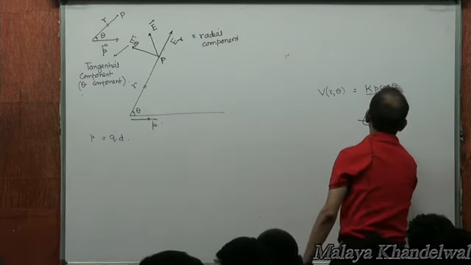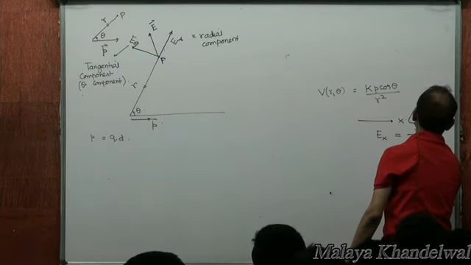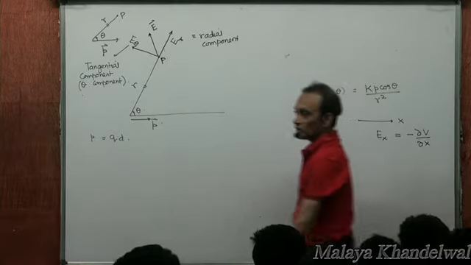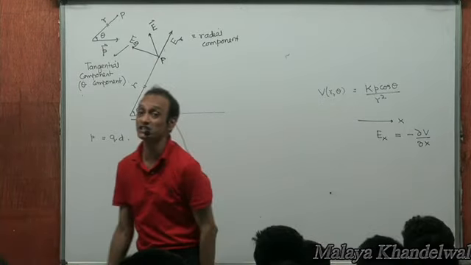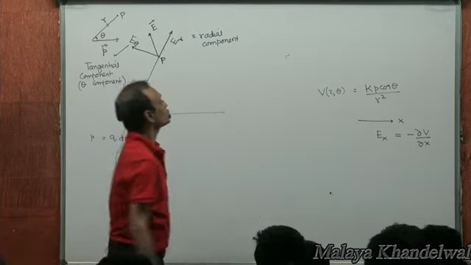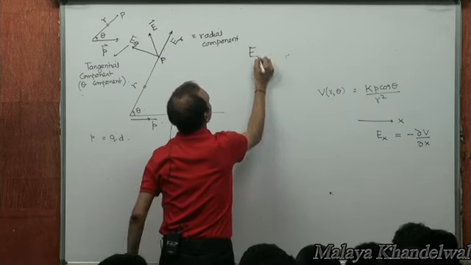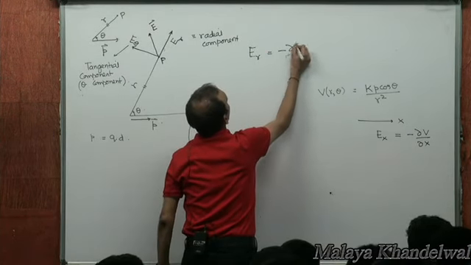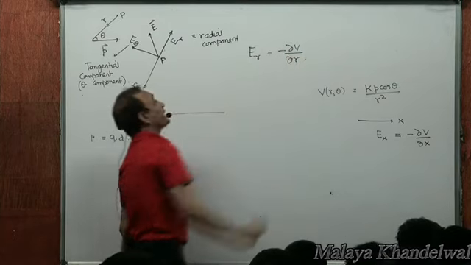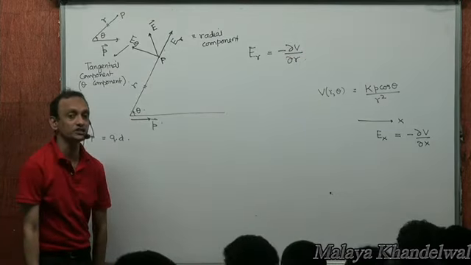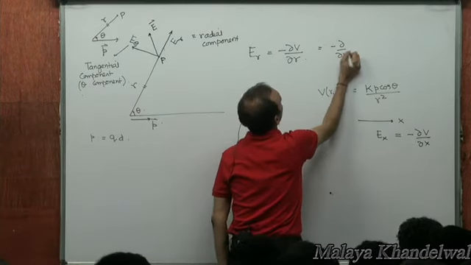The electric field component in the x direction would be the negative of the rate of change of potential in that direction, minus dou V by dou x. So the electric field in the r direction is the negative of the rate of change of potential in the r direction, minus dou by dou r of V.